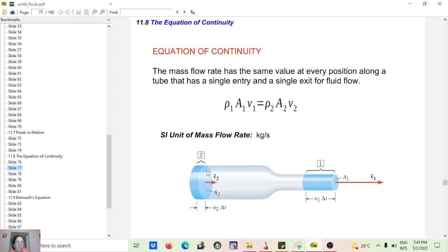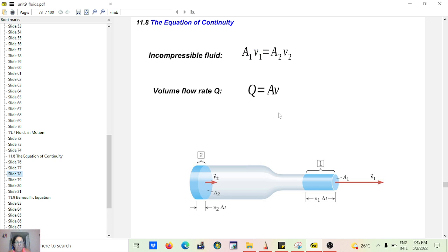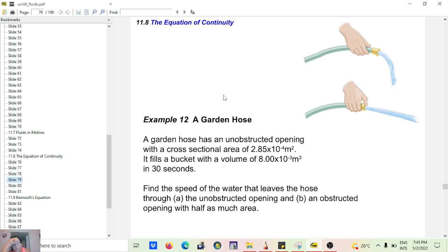And of course, if you go from wide to narrow, the fluid has to speed up to make sure that quantity will be the same as this one. So that will be the equation that you are using. They call that Q, the volume rate. So the volume rate is the area times the speed of the fluid. We just discussed that before.